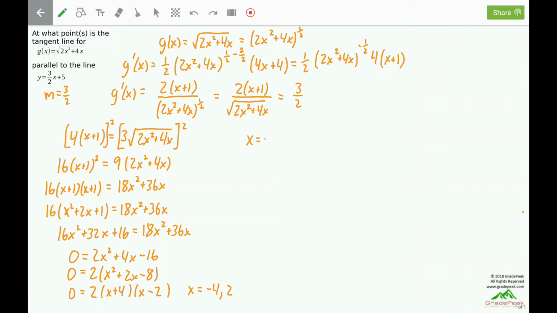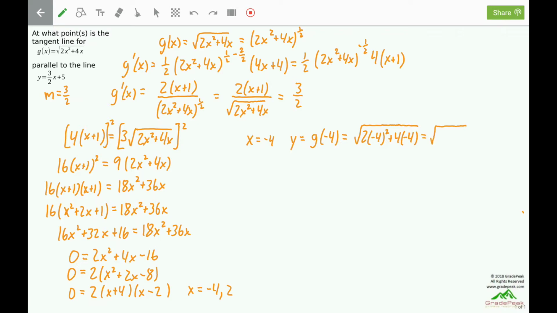So let's start with x equals negative 4. The corresponding y-coordinate is found by plugging that x-coordinate into the function g of x. Make sure to use the original function g of x, not the derivative. G of x gives you the y-coordinates. So we want g of negative 4, which means we will have the square root of 2 times negative 4 squared plus 4 times negative 4.